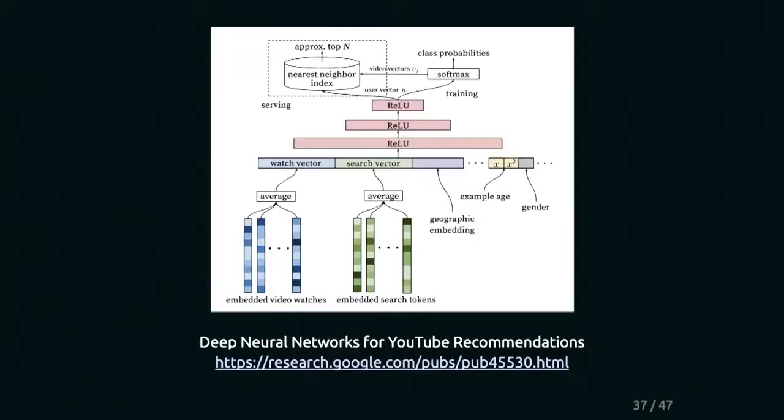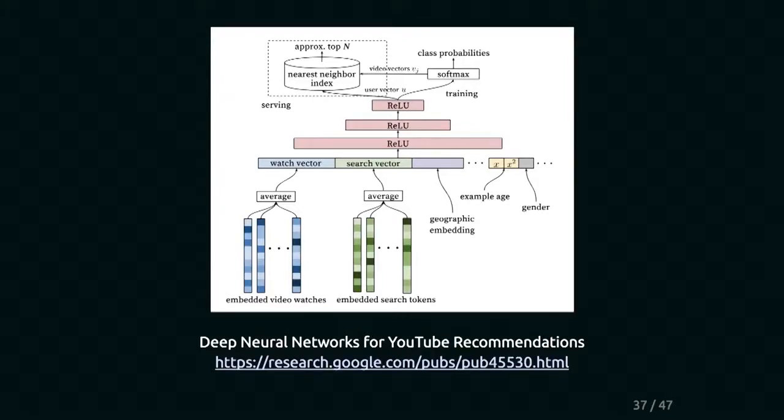This is not the only way to deal with implicit feedback. And for instance, this is the architecture by the YouTube team for making video recommendations. And here you see that as an input for a given user, you take all the embeddings of all the movies that user has seen in the past, or the videos that it has seen in the past.